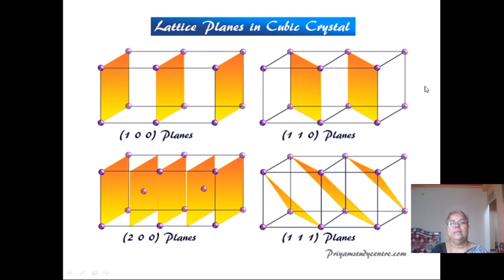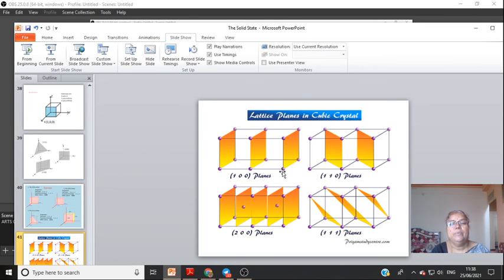See the next diagram of 1 0 0 planes. Here the 1 1 0 plane, and these are the 1 1 1 planes. For your study, there are only three planes: 1 0 0, 1 1 0, and 1 1 1. Next time you will study the Miller indices and Weiss indices to specify the different planes of the crystal.